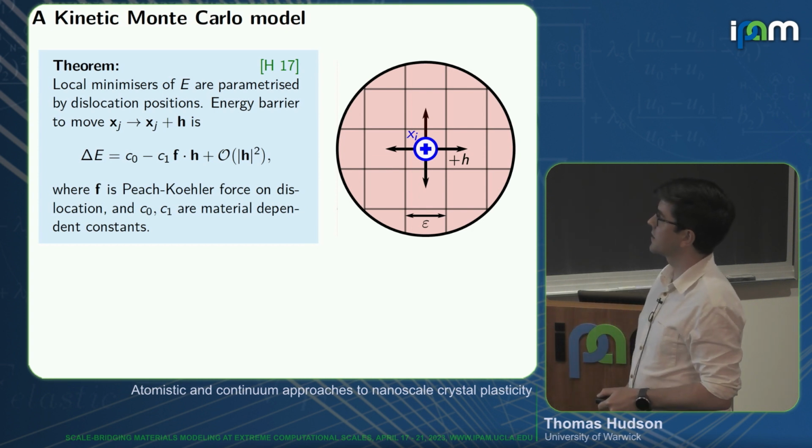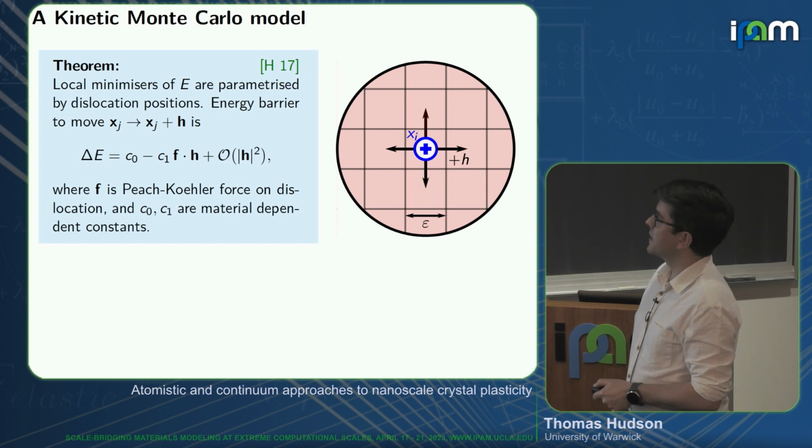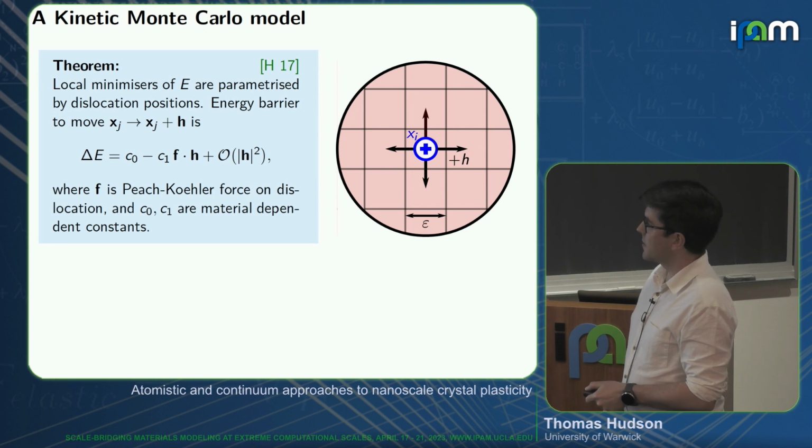So we can really say in some version of this toy model that the energy difference to escape from this state, being here and moving to here, is exactly of the form some constant energy minus some other constant times the Peach-Koehler force dotted with the direction that I move. So this is really the work done against the Peach-Koehler force.